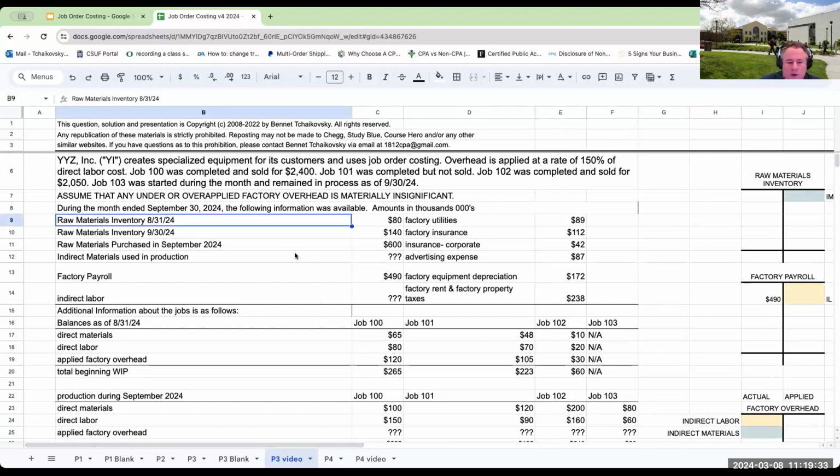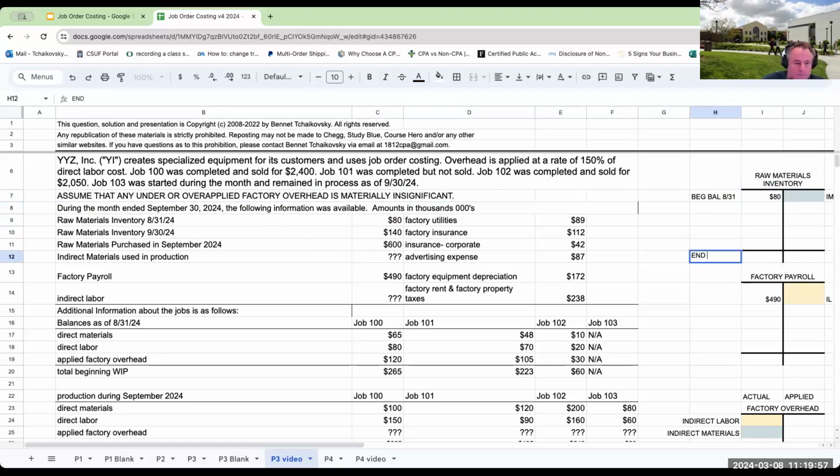So raw materials inventory as of August 31st. Well, if I'm doing this for the month of September, the ending balance as of August 31st becomes my beginning balance. Right over here, this is going to be at 80. Coming over here to raw materials inventory as of 9/30/24, this is going to be coming over here at 140.